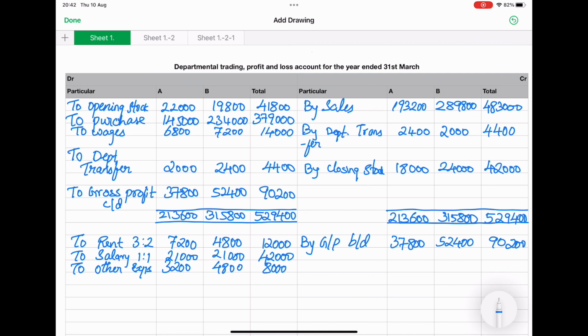So if we add both sides, the credit side total is highest. Write it down. Total 37,800, 52,400, 90,200 as your total.